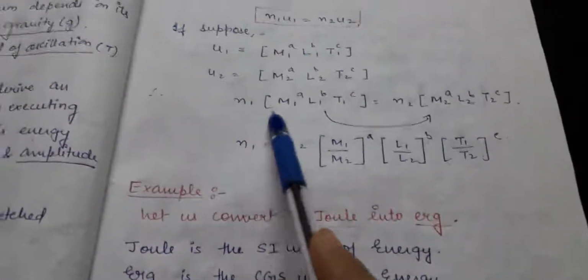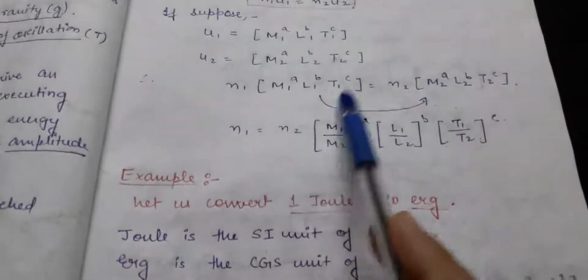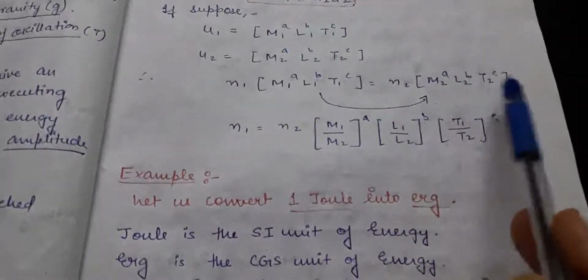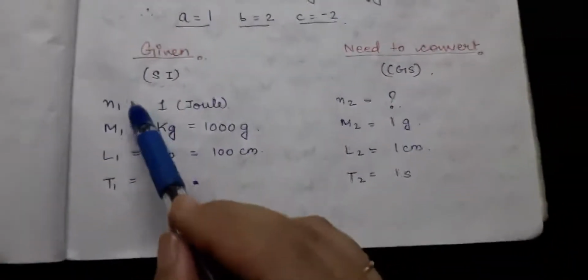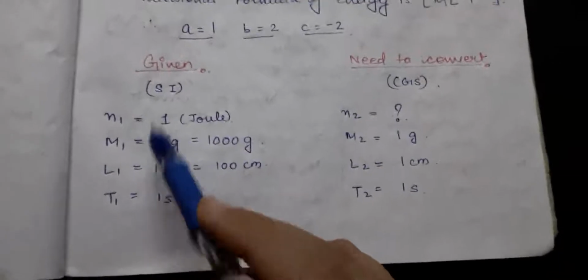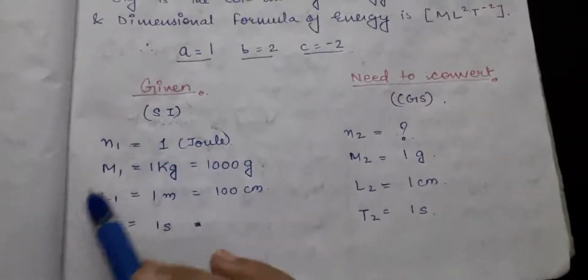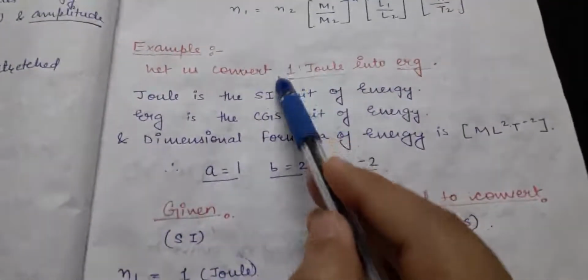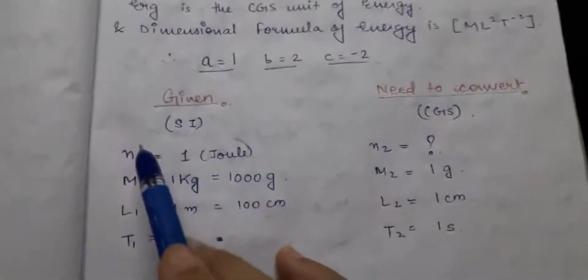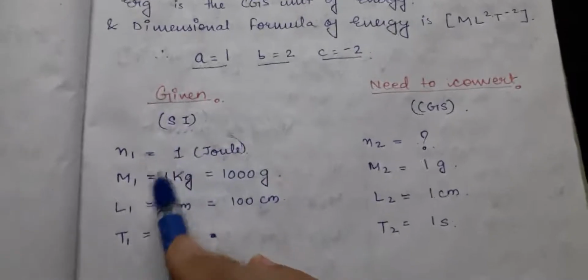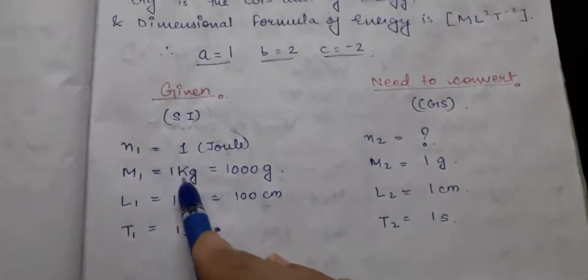Second, according to the formula we have studied, n1 m1 l1 t1 and n2 m2 l2 t2, these quantities we need to know. n1 is the magnitude given to you in the question, which is 1, so in place of n1 we write 1 joule. m1 denotes 1 kg.